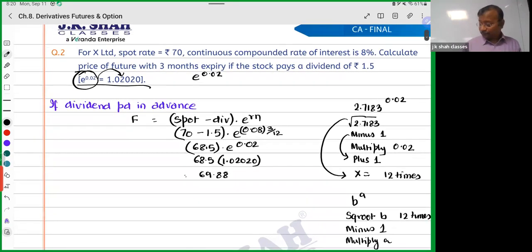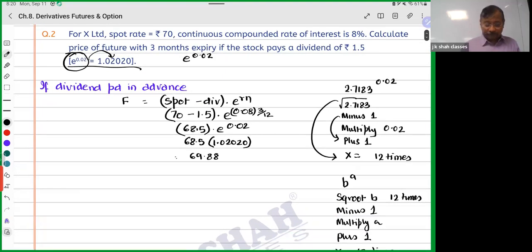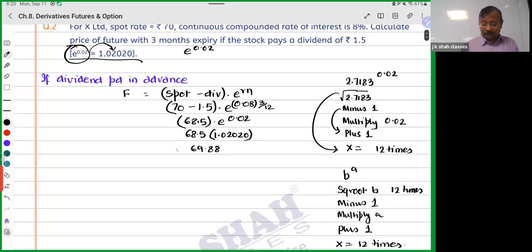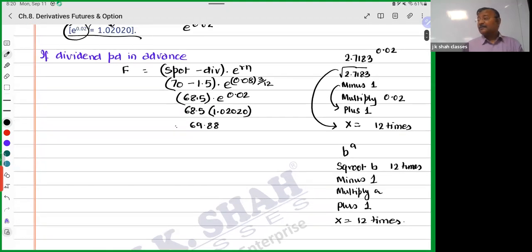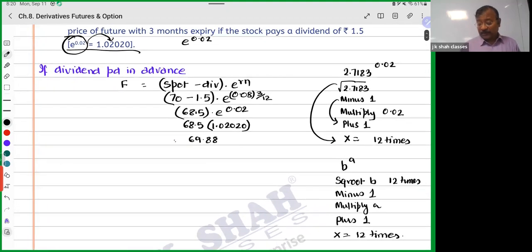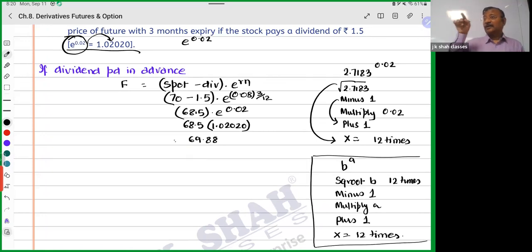Okay, chalo. Then, last lecture, in fact, I told you also that this thing, make a note in the textbook, not in the notebook, textbook. Note it down somewhere and keep it.